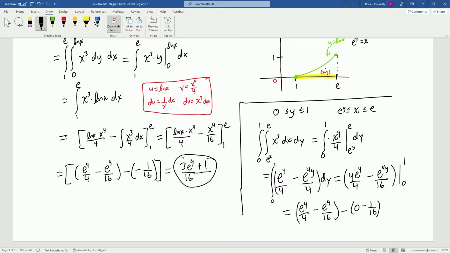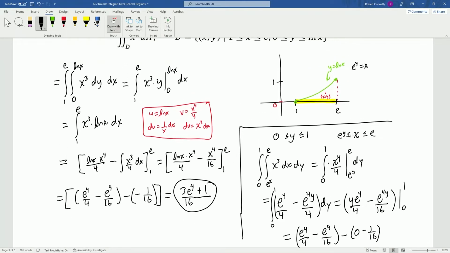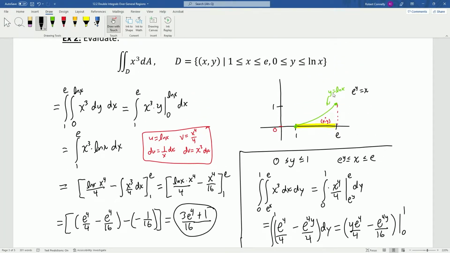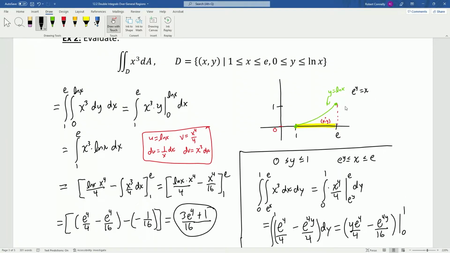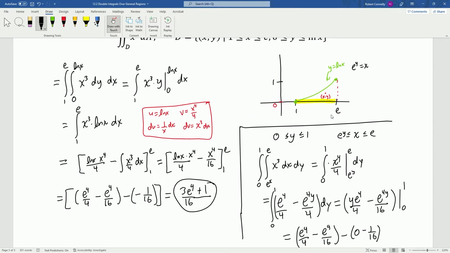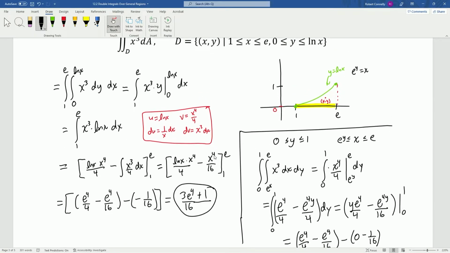And I truthfully think this integral was a little bit easier to work with, but we had to make that first change into this other type of integral, which is a little more complex when you're dealing with functions as your boundaries. So just keep that in mind. These can be a little bit tougher. So choosing which way you're going to integrate can make a big difference.